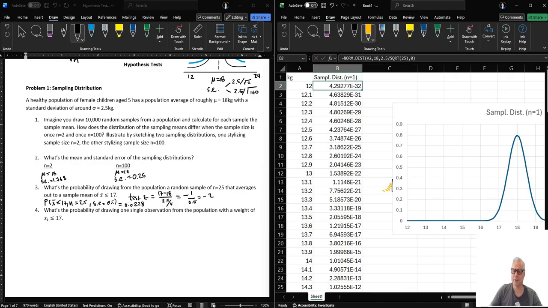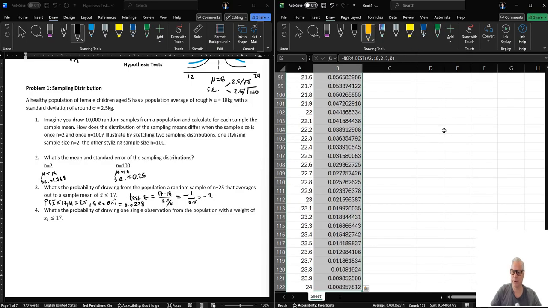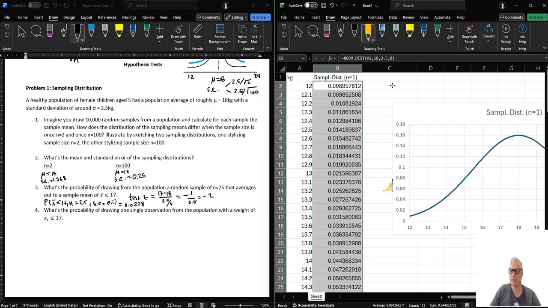So we can then say that the normal distribution is given by a mean of 18 and a standard deviation of 2.5. Okay, now we copy down this one. Now we have to find again our graph.